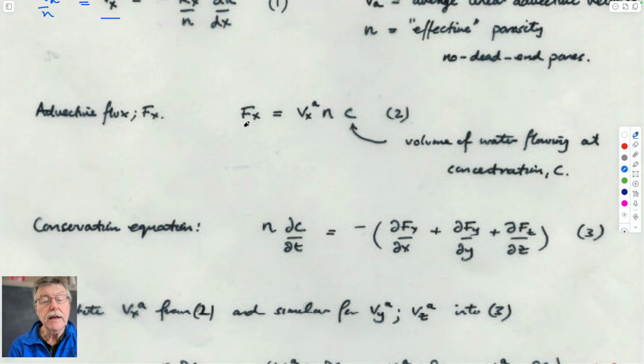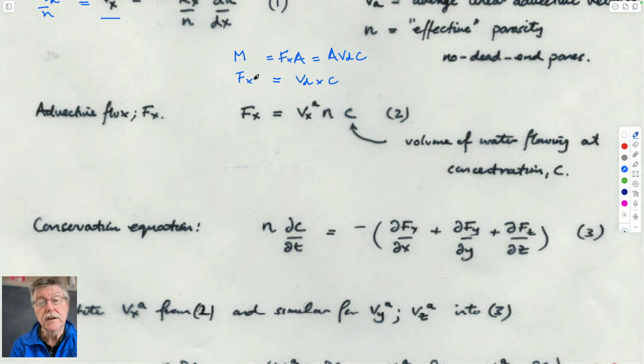We also know that the flux carried by advection is going to be, you've probably used to seeing it as the Darcy velocity times the concentration. And we know that the mass flux is equal to the flux per unit area equals area times VD times concentration.